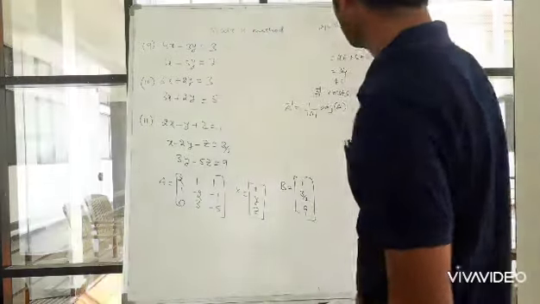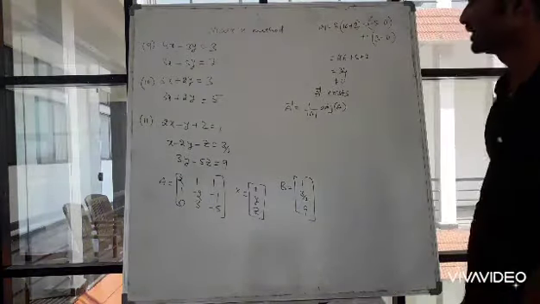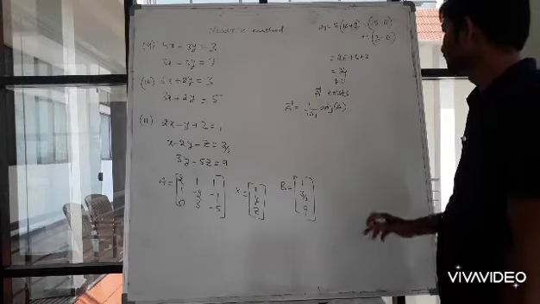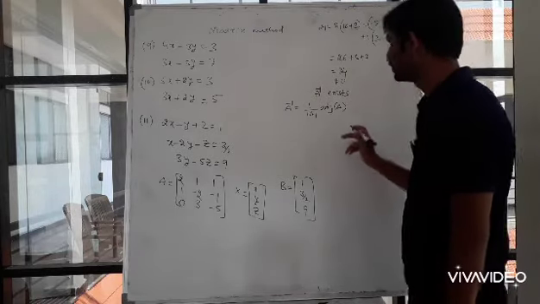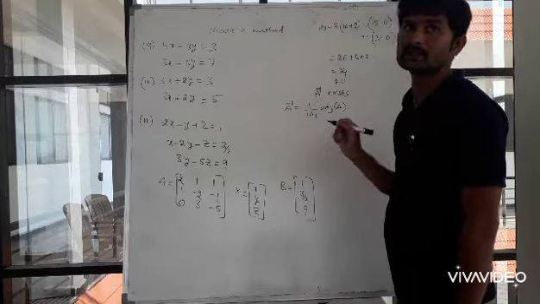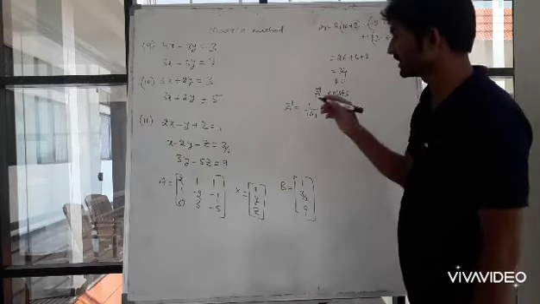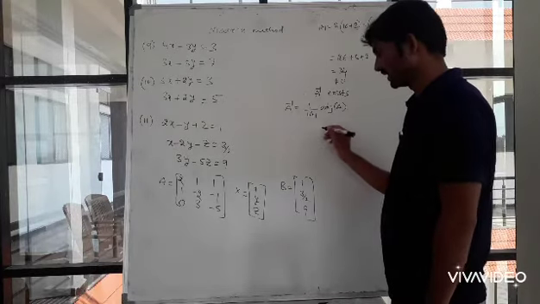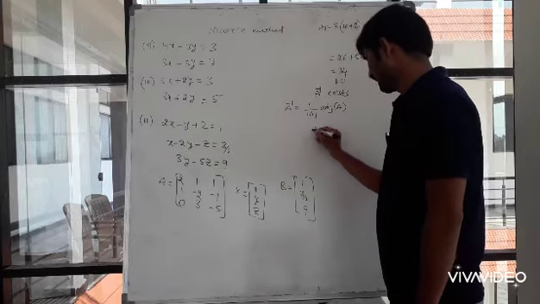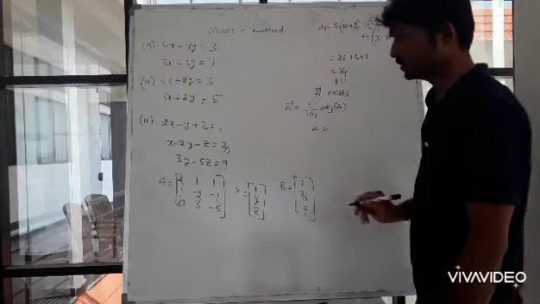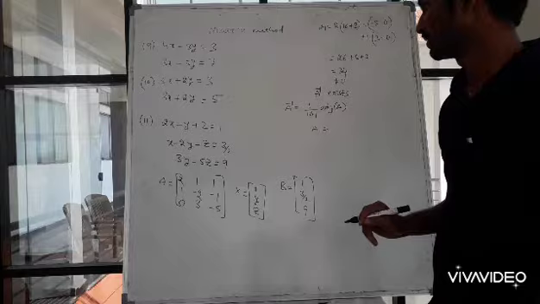Here, to find adjoint of A, it is a 3 cross 3 matrix. So that's why to find adjoint of A, we need to write the cofactors of each element. First of all, we write the cofactors. A11 cofactor. How to find the cofactors?